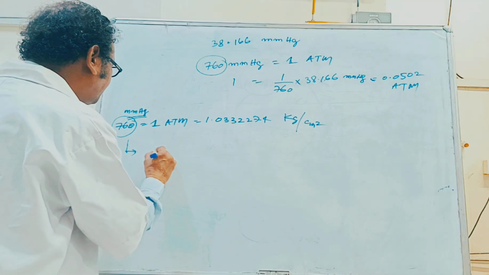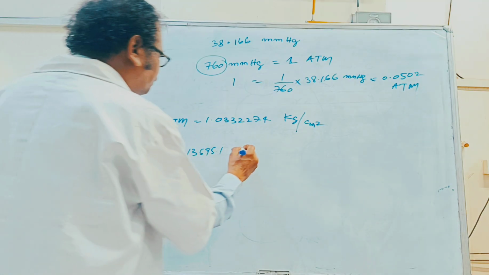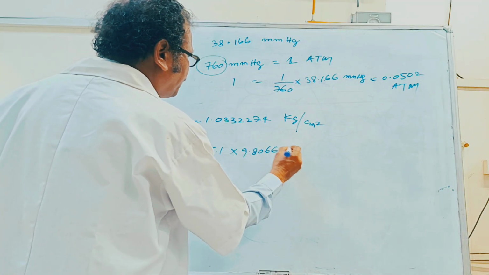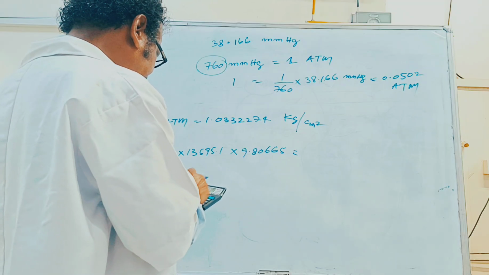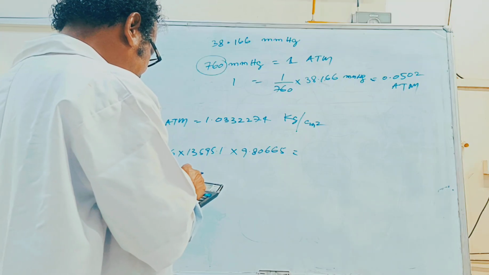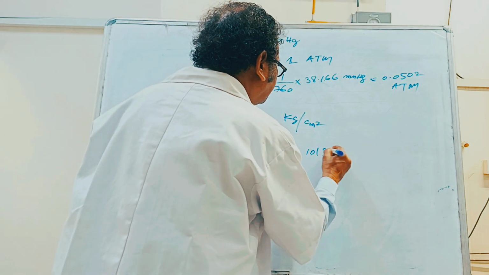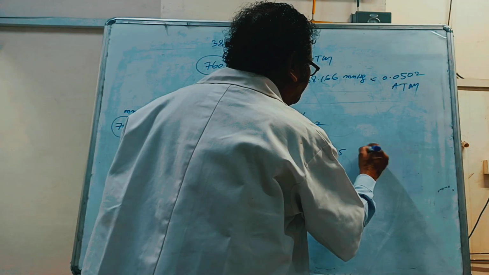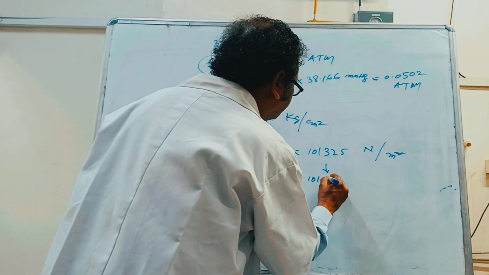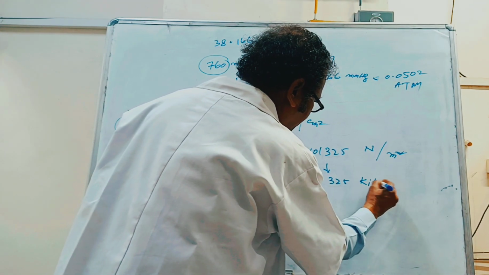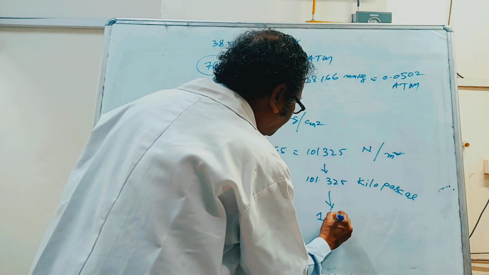It comes from 0.76 into 13,595.1 into 9.80665, which gives 101,325 Newton per meter square, or 101,325 pascal, which is equal to 1 atm.